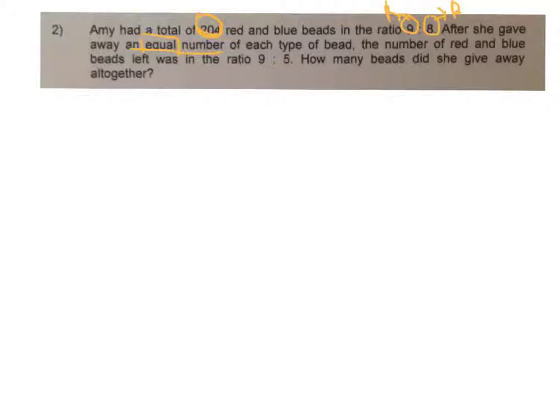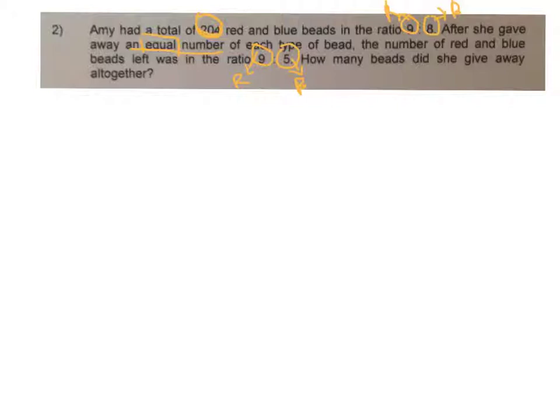The difference for before and the difference for after should be the same because an equal number were given away. So after that, the number of red and blue beads left was in the ratio of 9:5. So this 9 stands for 9 units of red, and this 5 stands for 5 units of blue. Okay, how many beads did she give away altogether?